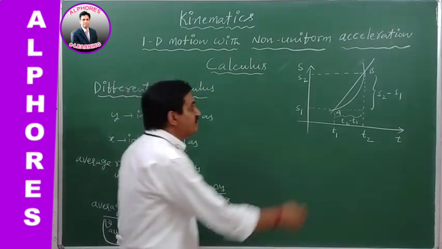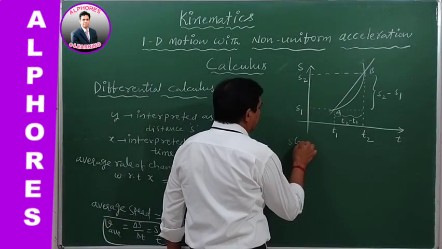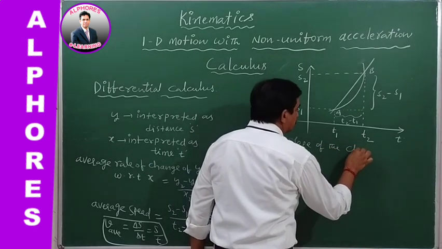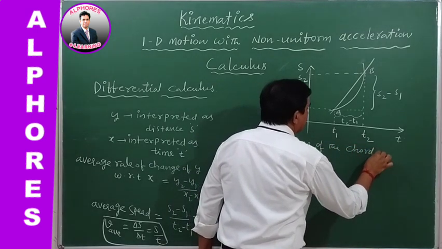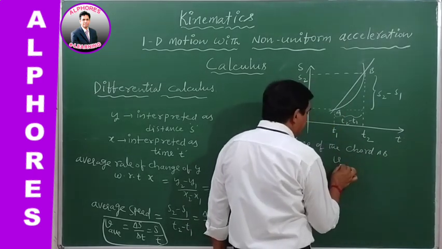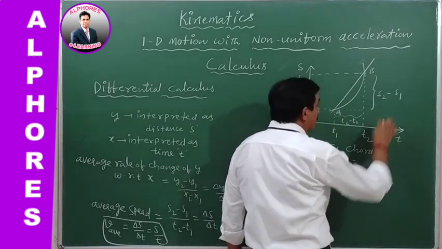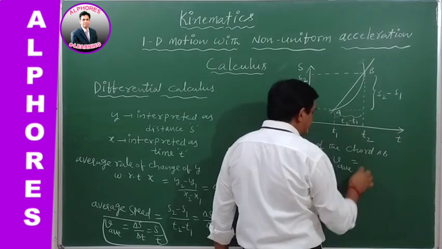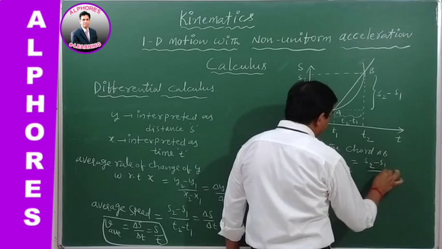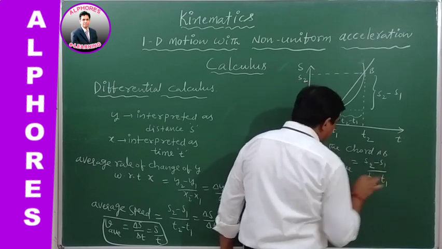The slope of this chord AB gives average slope, Y by X, which is S2 minus S1 by T2 minus T1.